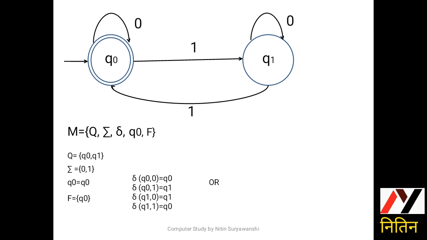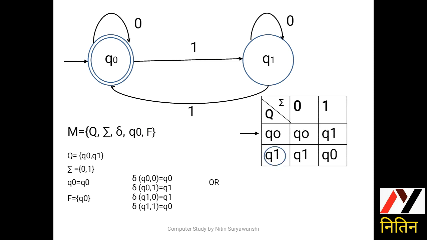These transitions may be written in a single table as well. Here the first column contains the states, Q, and the first row contains the input symbols. So Q naught and Q1 are the states in the column, where Q naught is the initial state and also a final state.